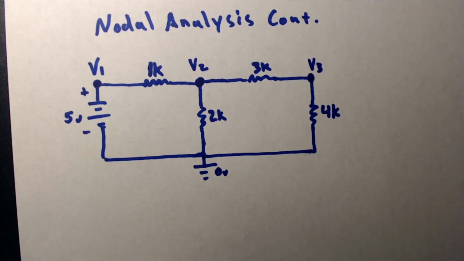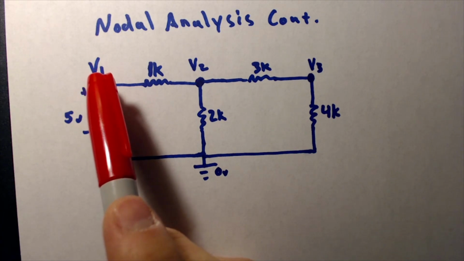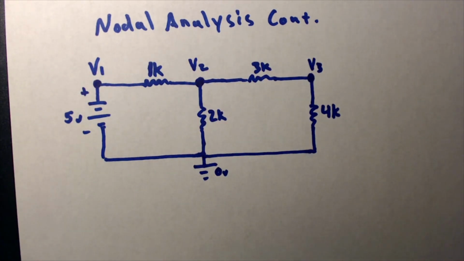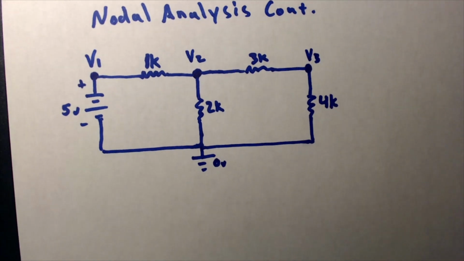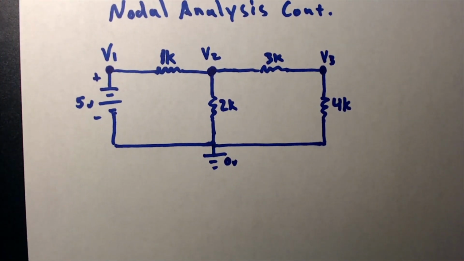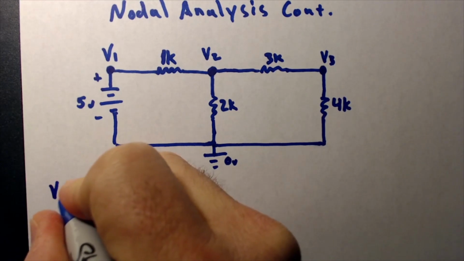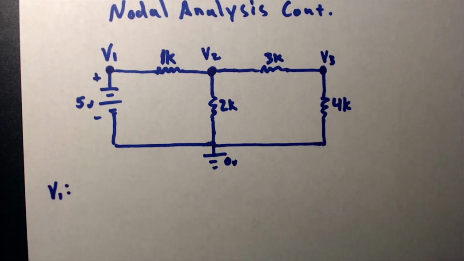Our third step, we're going to write KCL for each non-reference node. So we're going to write a KCL expression for V1, V2, V3. Okay, so let's do that. Now, for our first one, V1, what can we say about the voltage at V1?